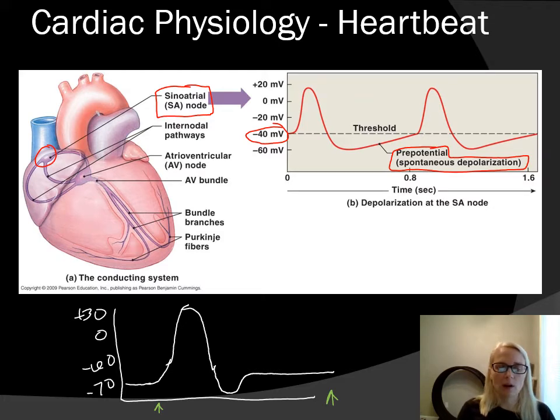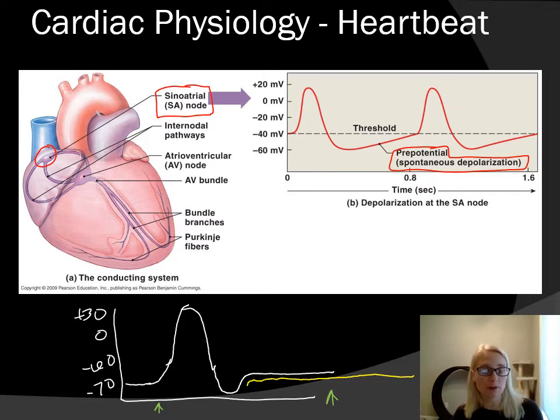So with these cells in the SA node, the AV node, the rest of the conduction system, and even the heart muscle themselves, they have a unique property in that they cannot maintain resting potential. So down here, right, we can maintain resting potential, and we could maintain it all the way forever until a graded potential comes along.